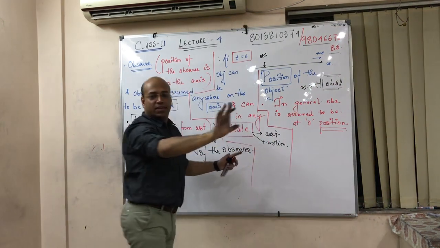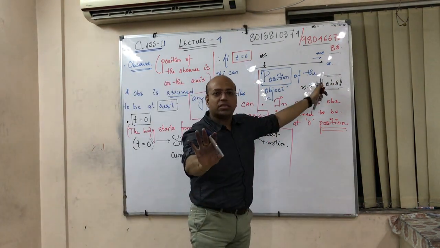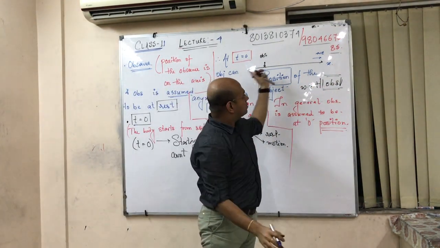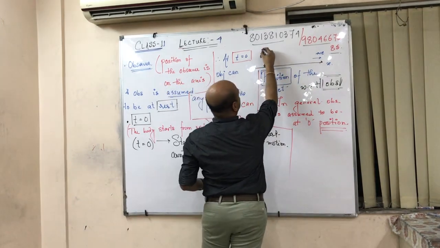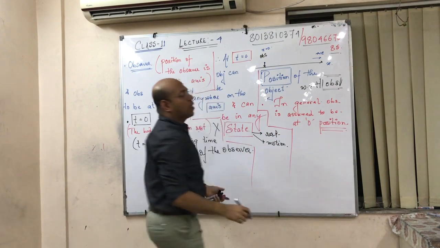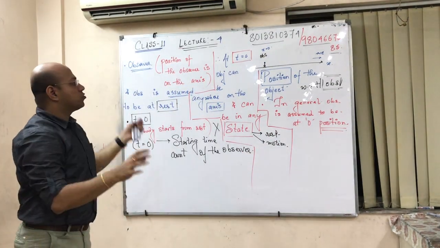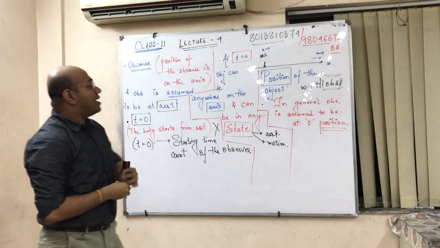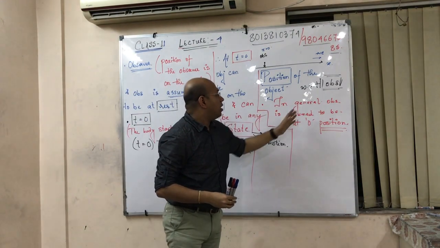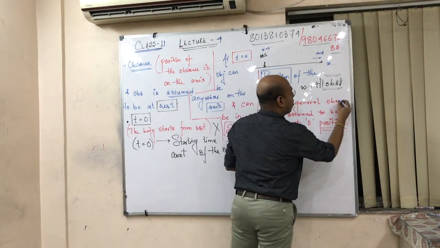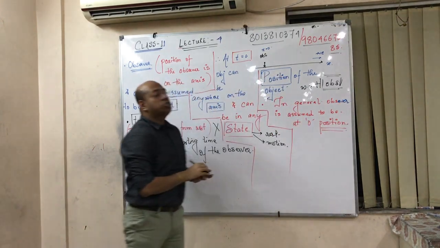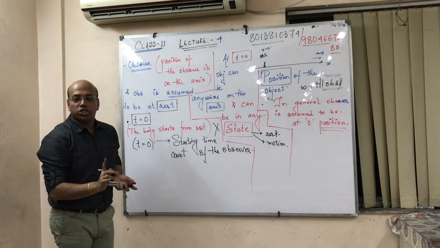You have chosen everything. This is the observer, so here comes x equal to 0. This is a general assumption: in general, the observer is assumed to be at the 0 position.